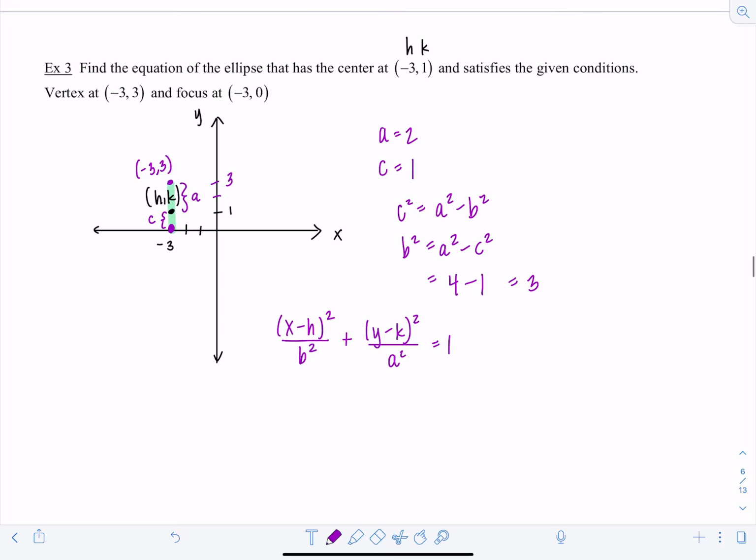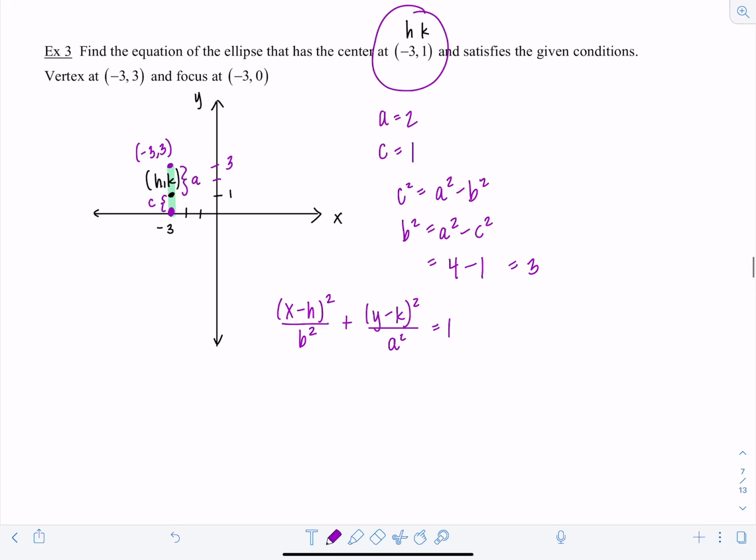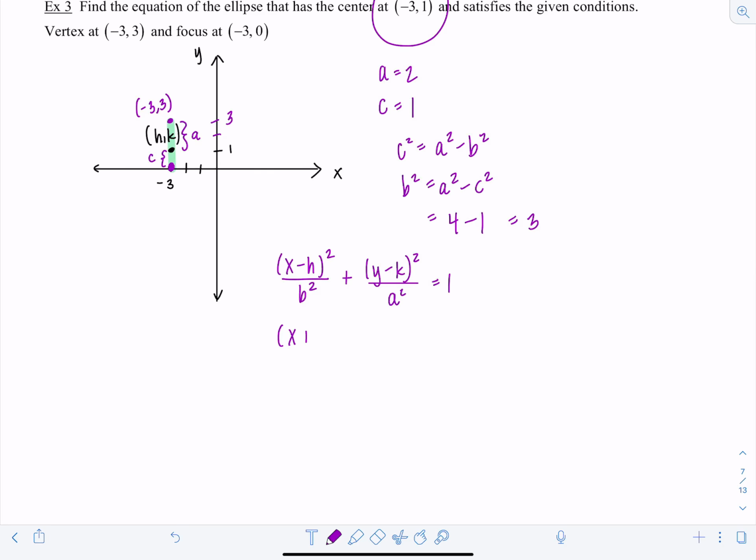And then now I can substitute in everything. Here's my hk. So we have x plus 3 squared over, where's b squared? Right here, 3, plus y minus 1 squared over, do I have a squared? I will right now. 2 squared is 4, equals 1. And that's it.